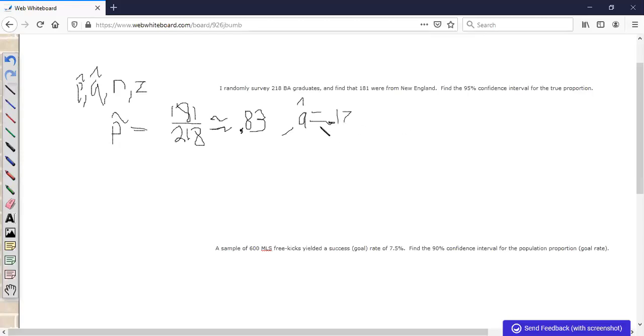We've already seen that n is going to be 218. And lastly, our z is going to be 1.96.